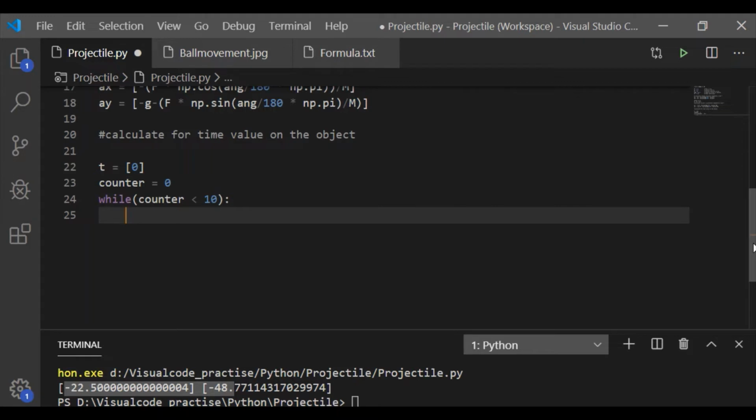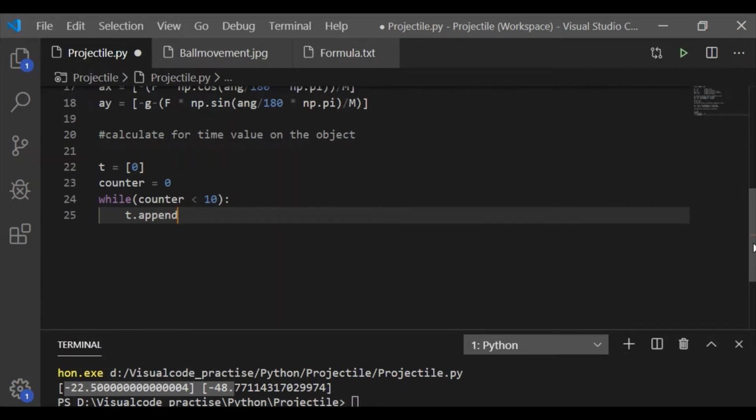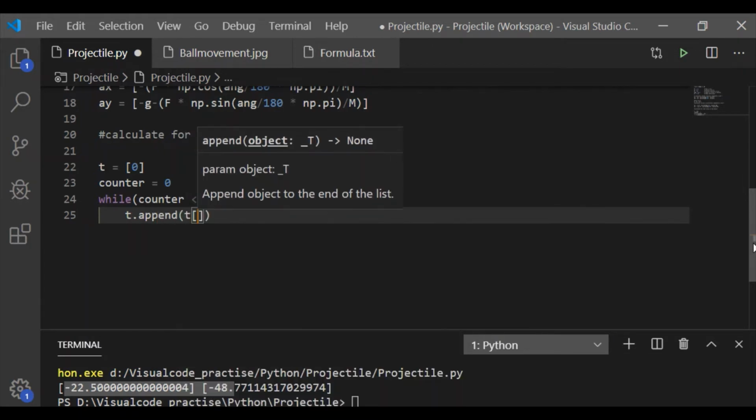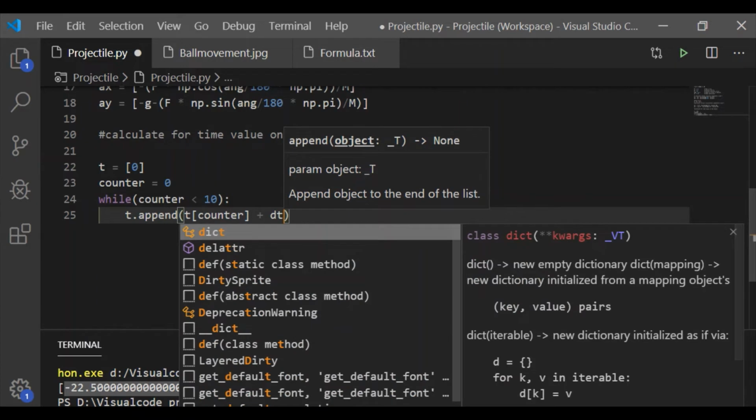Time has to be incremented as a function of delta t. t being a list, we can append the new values using the append method to the list t. Append t counter plus delta t.